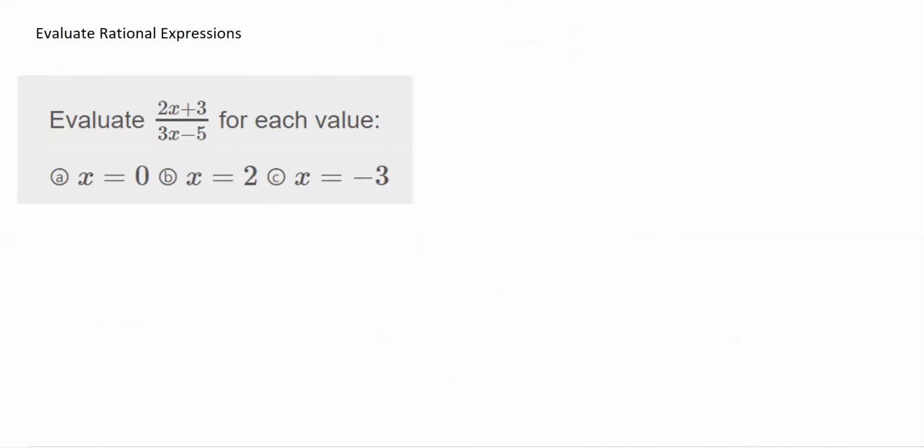Next, we move to evaluating rational expressions. Okay, evaluate. Let's again recall, evaluate. What's the word hidden in evaluate? Value, right? That means you have to find the value. That's what you're supposed to do, okay?